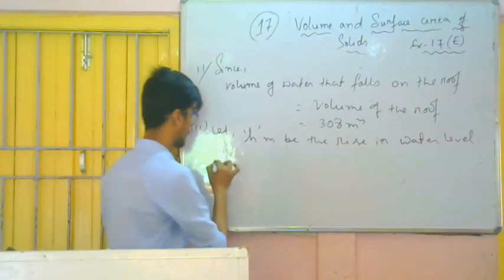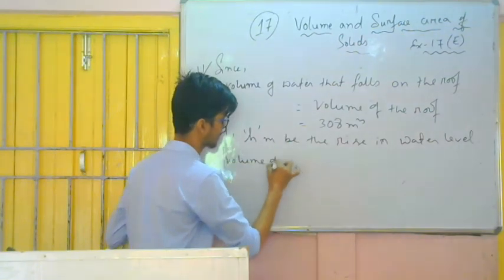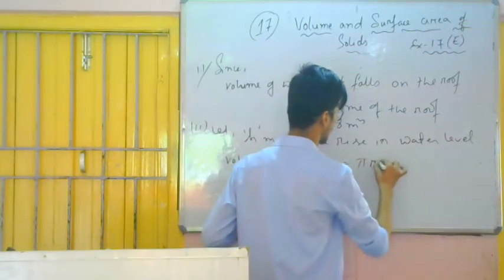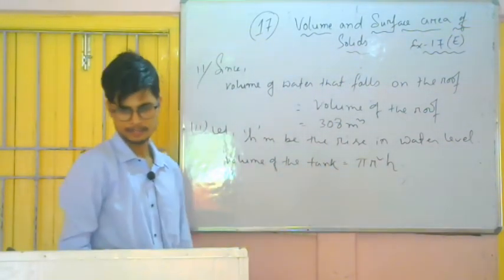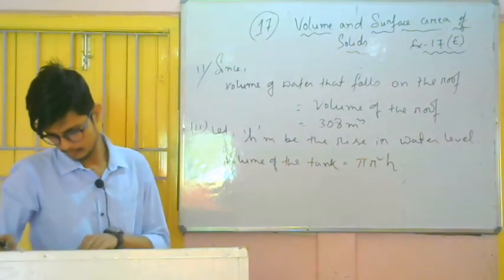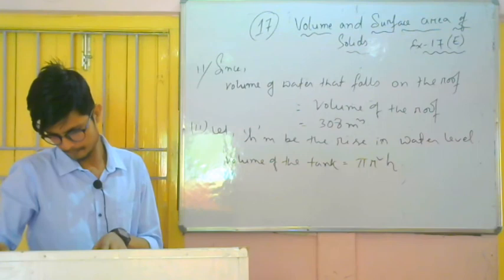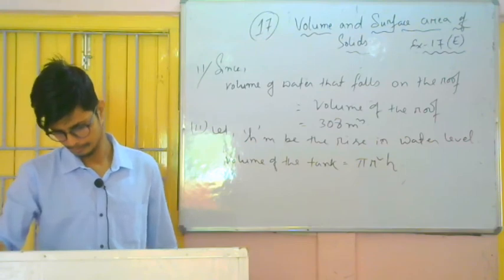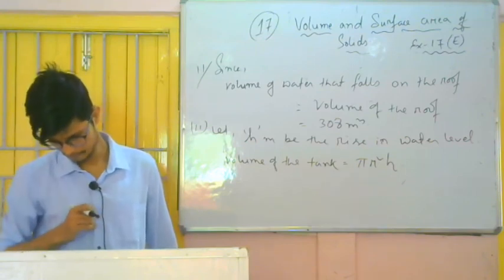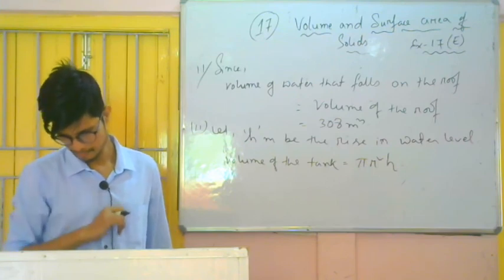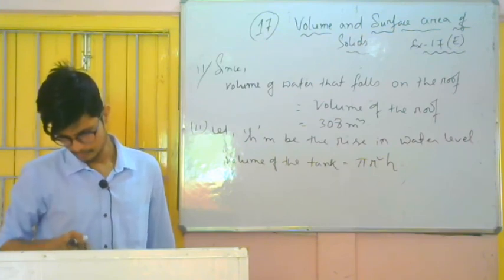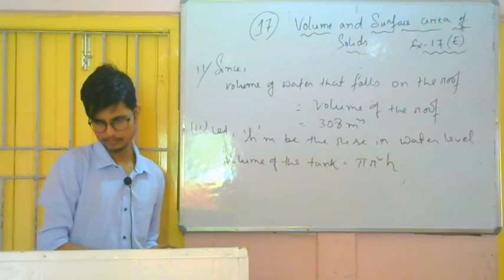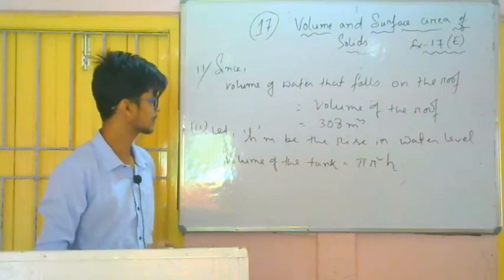So volume of the tank will be pi r square h, volume of the cylindrical column of water.